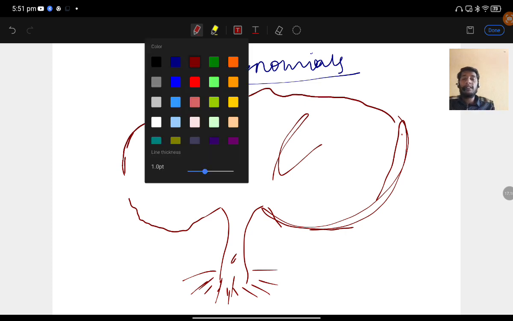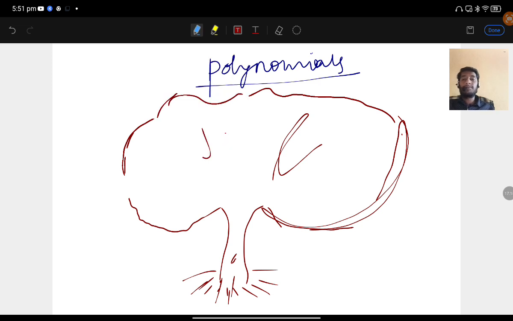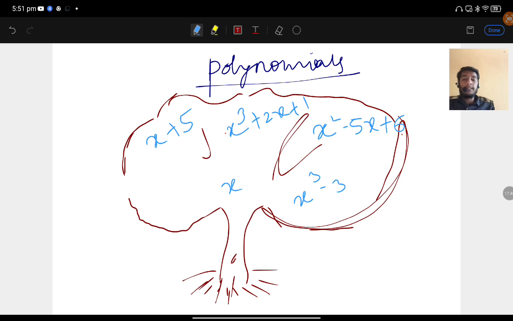In the tree you can see some of the examples: x plus 5, x square minus 5x plus 6, x cube minus 3, x cube plus 2x plus 1, x plus 10, x square plus 2x plus 7.